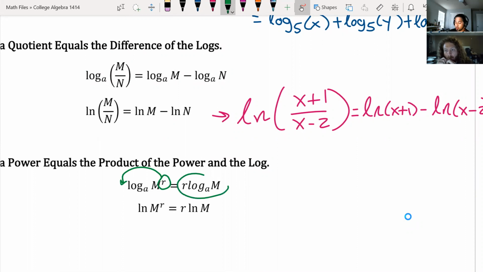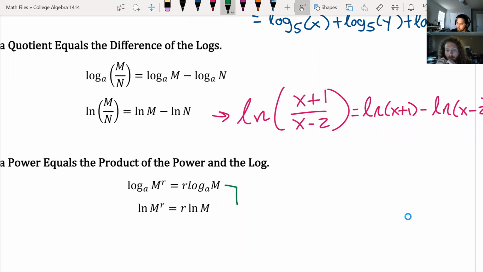And then you have r times the log base a of m. Same goes for the natural log. If you have natural log of m to the r, once again, that power comes down, and you have r times the natural log of m. That is the power rule for logs.